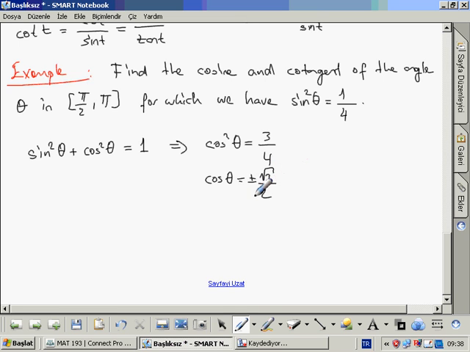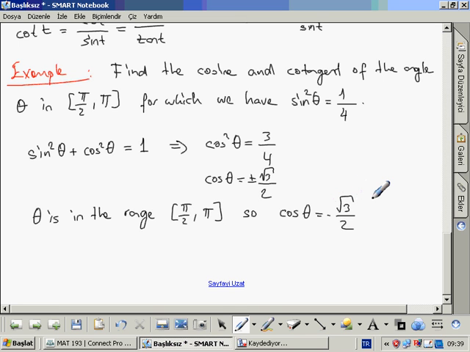And if theta is in the range pi over 2 comma pi, so cosine theta must be equal to minus square root of 3 over 2, because cosine theta here will be negative.